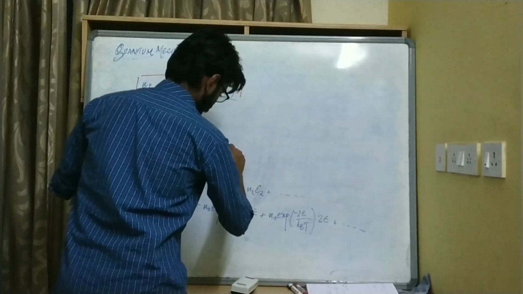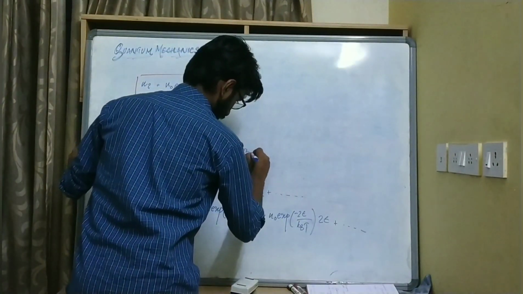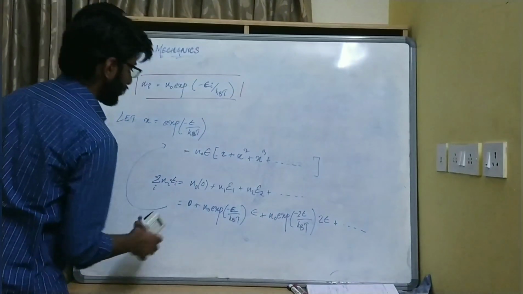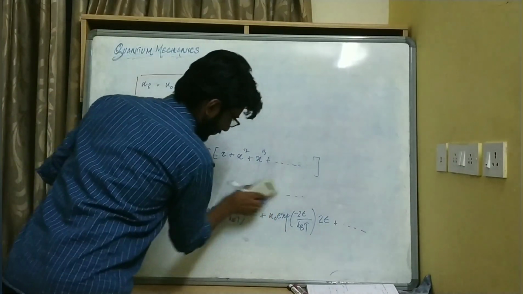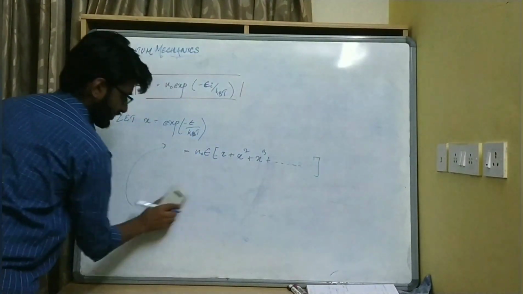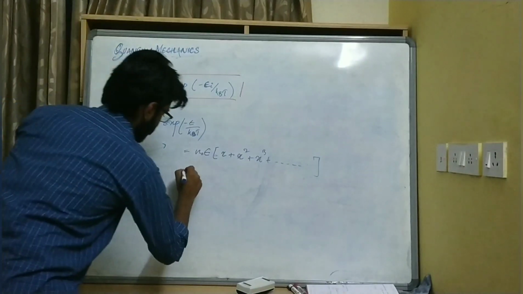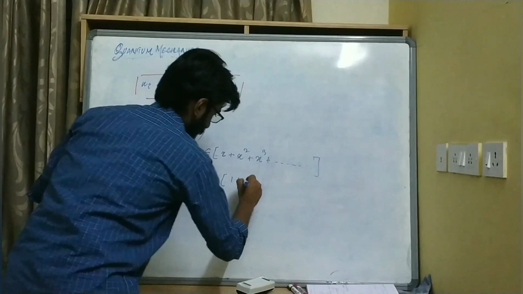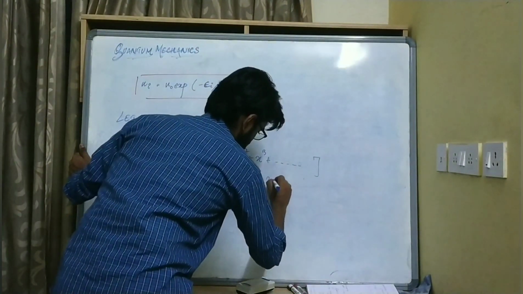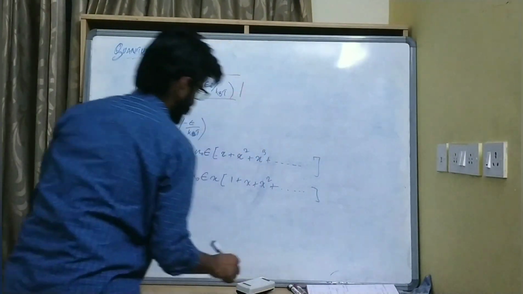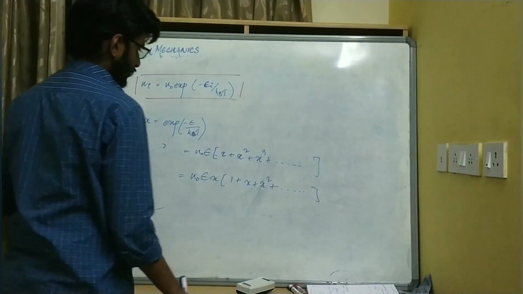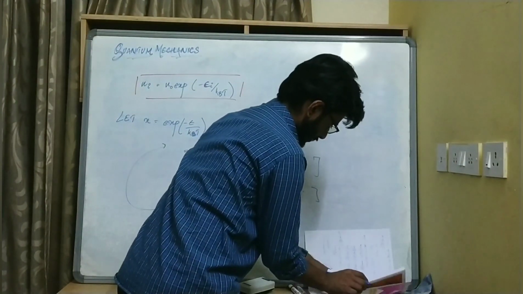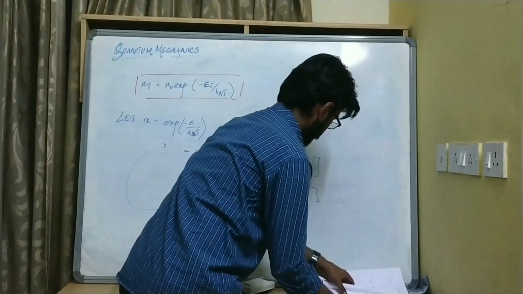So you get x plus x square plus x cube and so on. Quickly doing this mathematics, it is not that tedious. So this is n0 epsilon x times 1 plus x square plus so on. I made a mistake actually. Just check it. I forgot the terms.